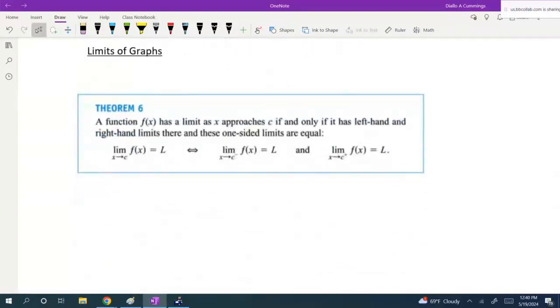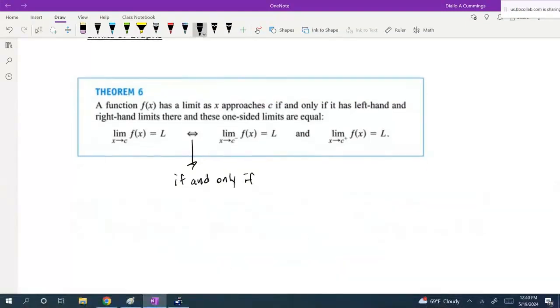Next we're going to take a look at the limit of a graph. Now we've seen the limit of polynomial functions, but now let's look at the limit of a graph. This rule is very important, and it says that the limit of f of x is equal to L as x approaches C if and only if the limit of f of x equal to L as x approaches C minus.